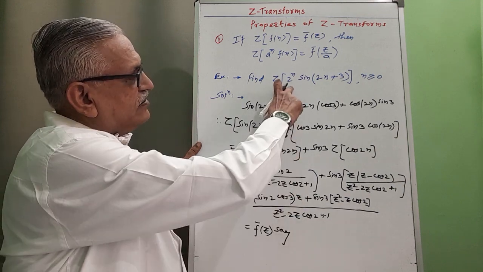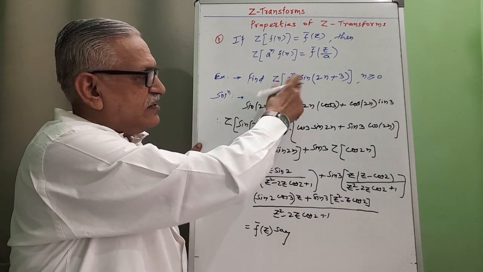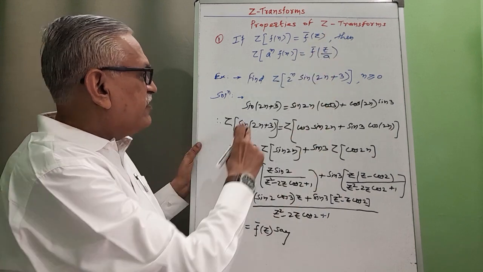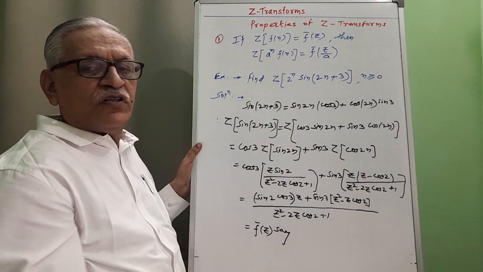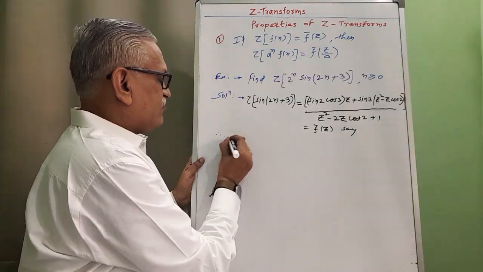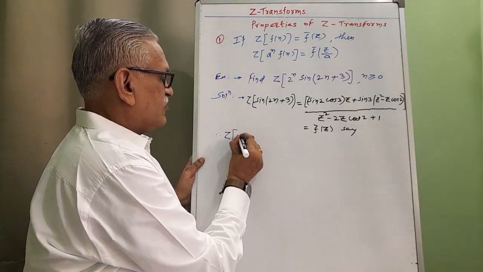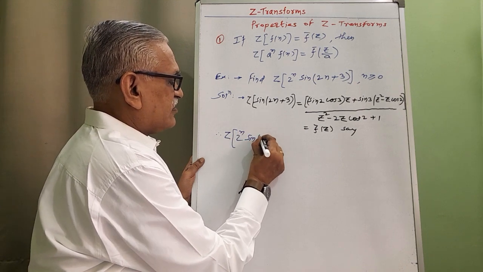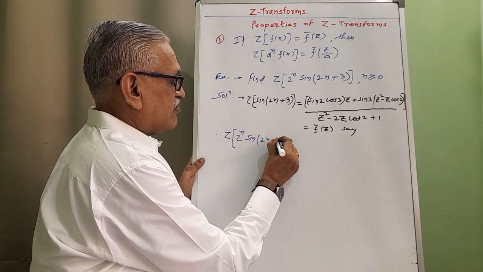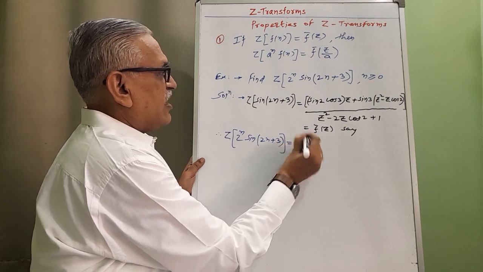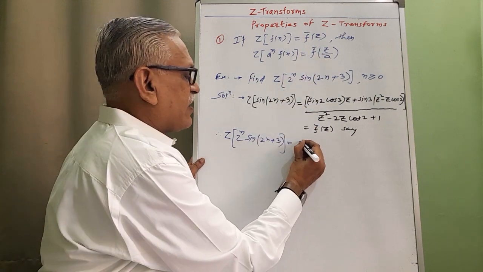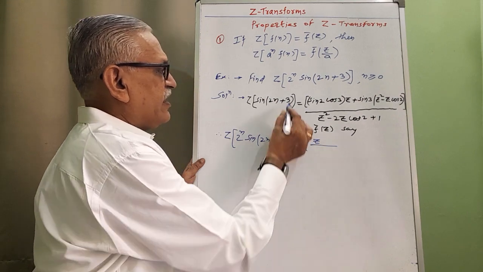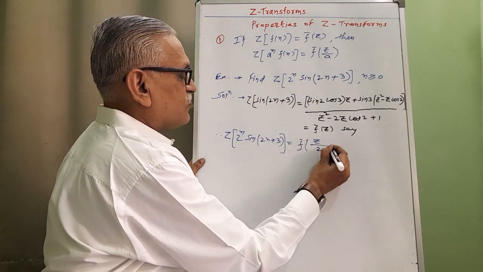And then applying this property, Z transform of this term is nothing but f bar of z by a. A is here 2. Z transform of 2 raised to n into sine of 2n plus 3, as per this property, is f bar of z divided by a, and a is here 2.